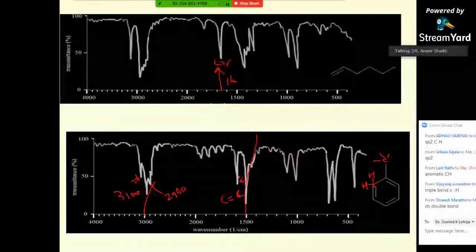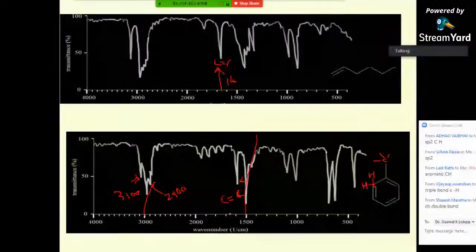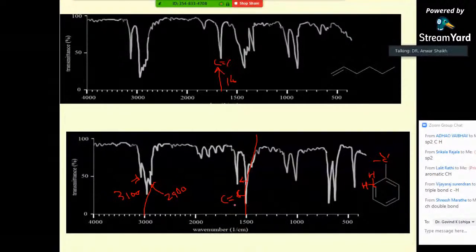Both are C double bond C, but the value is a little different. It is because aromatic C double bond C appears lower than aliphatic C double bond C.